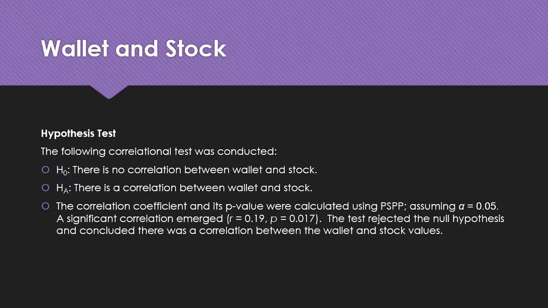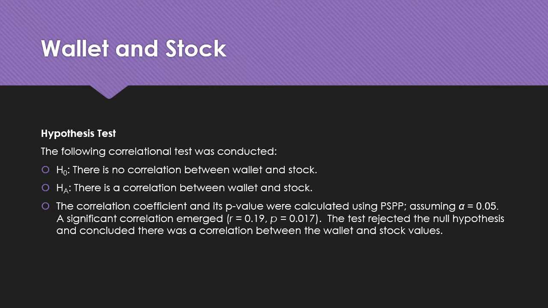Our correlation coefficient in this case was 0.19, which is not that high, but it's enough to say that it is a correlation. And the p-value is 0.017, which is definitely low enough to say that the null hypothesis was rejected. And we can conclude that it's a weak but decent correlation between the wallet and stock values.